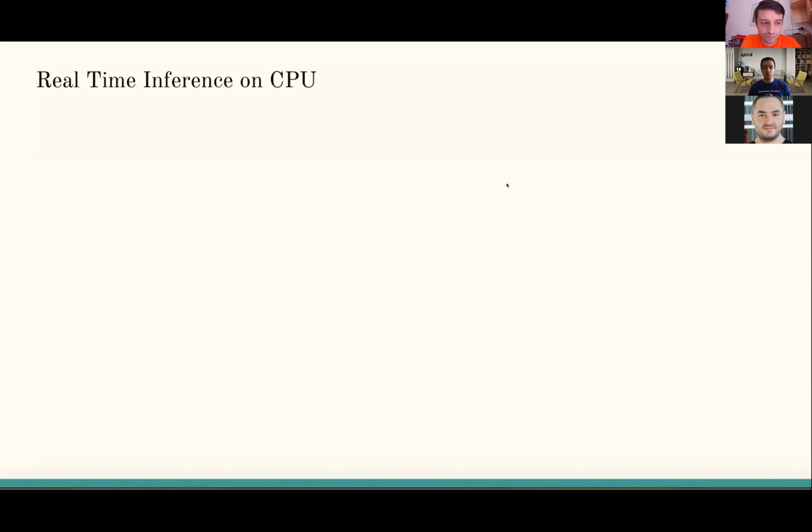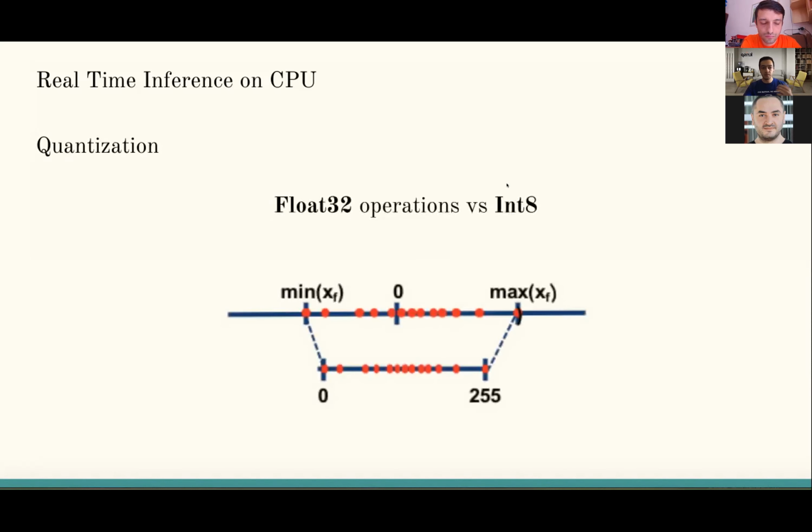And today I will talk only about model quantization, what it does and how it does it. Model quantization's main goal is to speed up your model's inference time. As you may know, by default, all the operations of your neural network are floating point operations. So quantization converts all those float operations into integer operations.